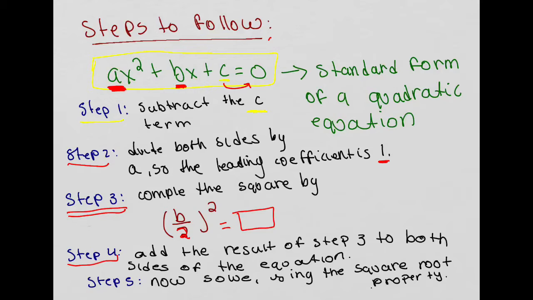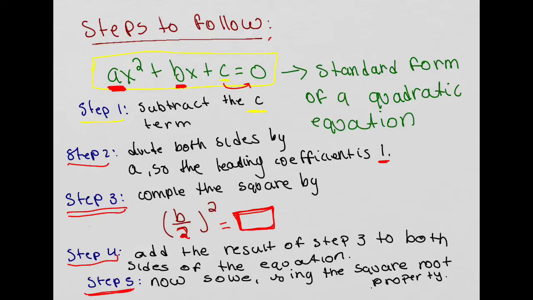Step 4, you're going to take your answer for step 3, and add that to both the left and the right side of the given equation. And then step 5 is to simply solve using the square root method.